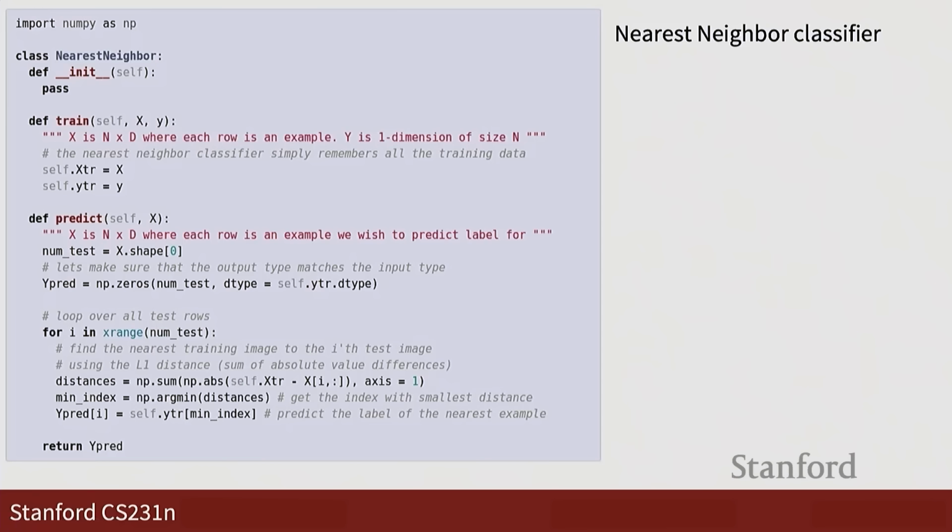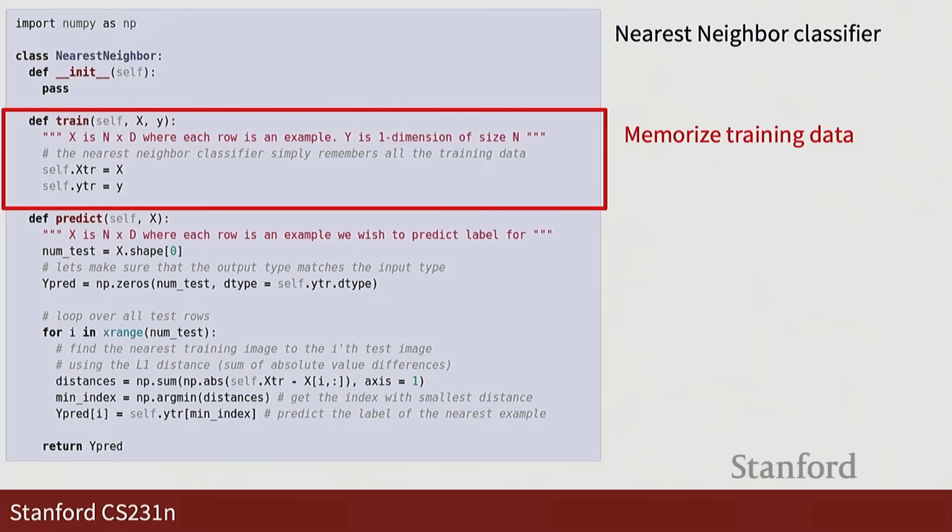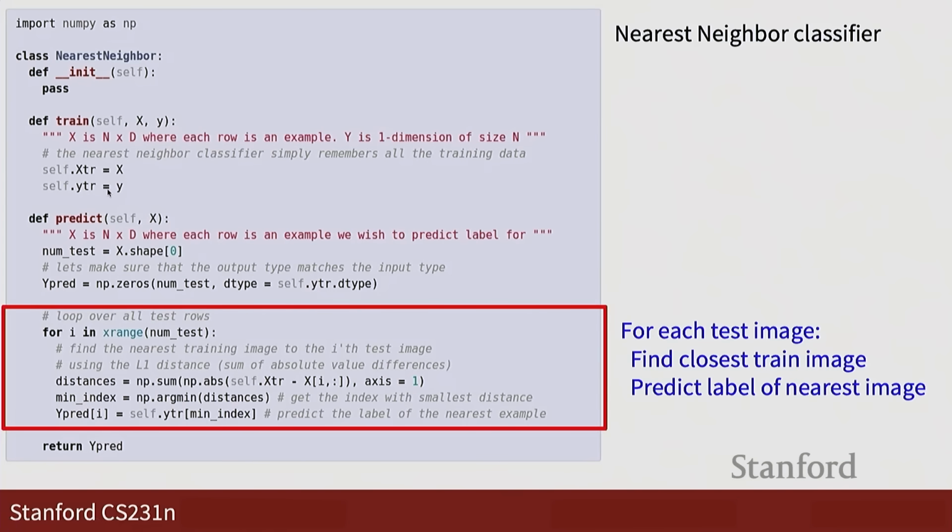With this very simple definition, we want to see how we can get this implemented. As I said, the first step is to just memorize the training data. So the train function just keeps the data in the memory, and then for the predict function, using some Python libraries like NumPy and so on, we can implement this in just 4 lines.